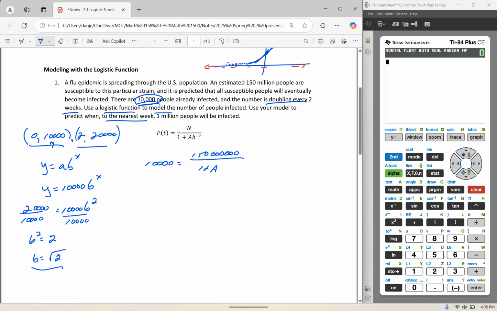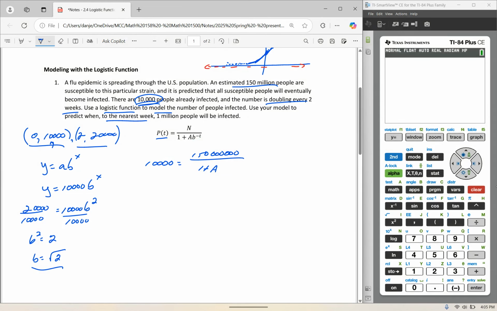Now I put the 10,000 in for P, the 150 million in for N. I know the 150 million people because that's the estimated maximum. That's what N is, that limiting factor. 10,000 is the initial value when t is equal to 0. B to the 0 would be 1. Okay? So when t is 0, b to the 0 would be 1.